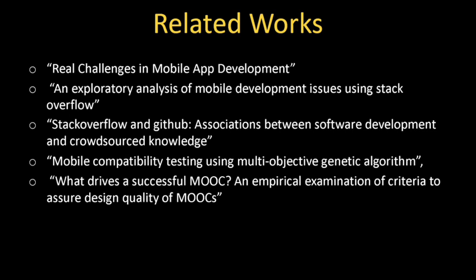In the study, the authors found that the most common mobile operating system questions were about display issues, such as the layout, the GUI controls, and the user input, as well as compatibility issues.